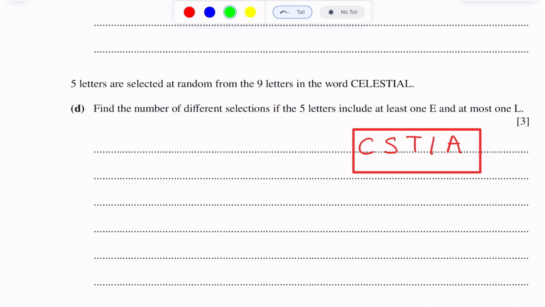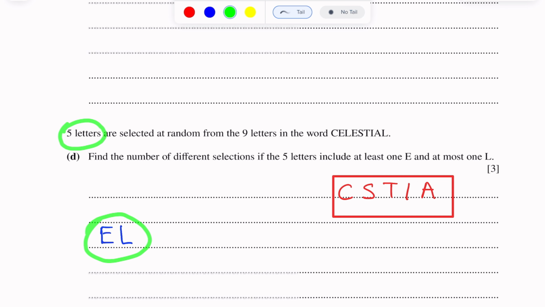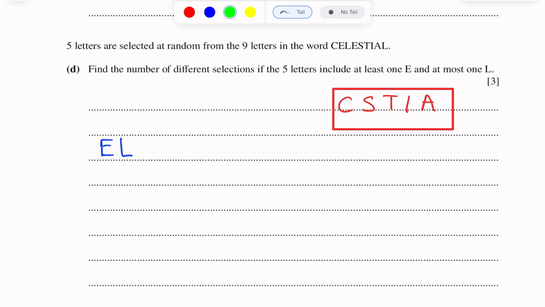So there may be one L or no L. First option is we are taking one E and one L. These two letters we have selected, but we have to select total 5 letters. So the remaining letters will be from C, S, T, I, A. We will select 3 letters from these 5 letters, because two are already selected.